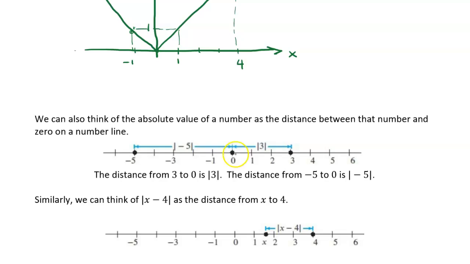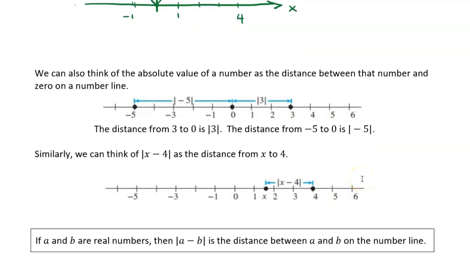So the number 3 is 3 units away from 0, right? So absolute value of 3 is still 3. And -5 is 5 units away from 0, right? So if we just want distance, it's the absolute value, 5. So -5 is 5 units away from 0.